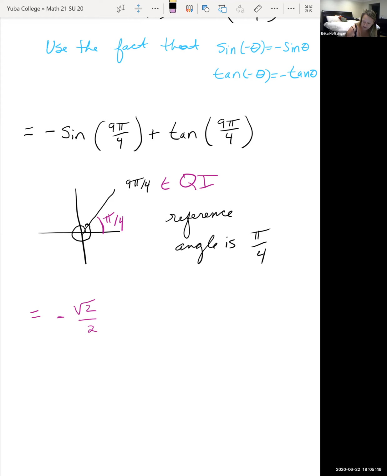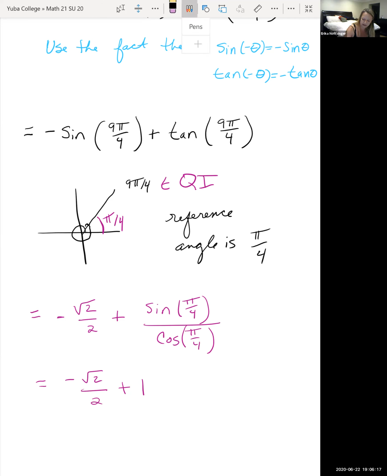Tangent, so plus, this is the same thing as sine of pi fourths all over cosine of pi fourths. Actually, tangent of pi fourths is the easiest one. So that's root 2 over 2 divided by root 2 over 2, which is 1. So this is negative root 2 over 2 plus 1.